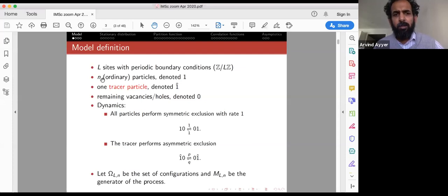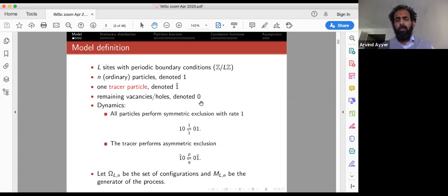There's the ordinary or regular particle, which I'll denote by 1. And there's one special particle, which I'll call the tracer, and I'll denote it by 1 hat. So each site can have at most one particle. So L is at least as large as n plus 1. And the remaining sites, the empty sites, will be vacant, denoted by 0.